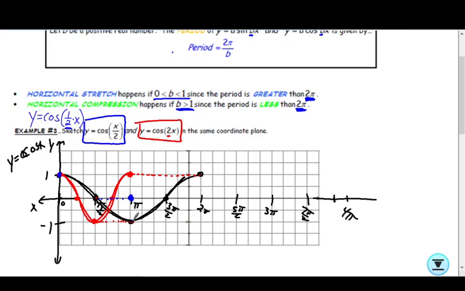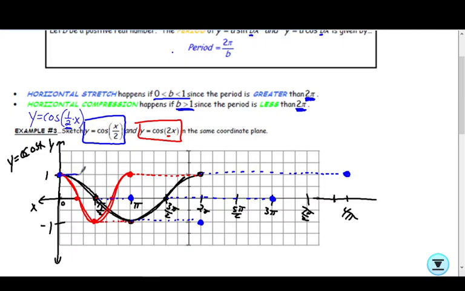Pi times 2 gets stretched out to 2 pi. Now notice it's still the same y value. The y value here is 1, it's still 1, but the x value is stretched to 2 pi. Then 3 pi over 2 times 2 gets stretched all the way to 3 pi. And 2 pi multiplied by 2 gets all the way out here to 4 pi.